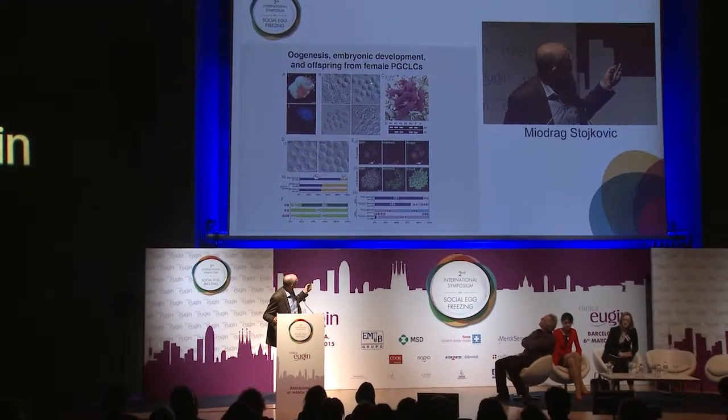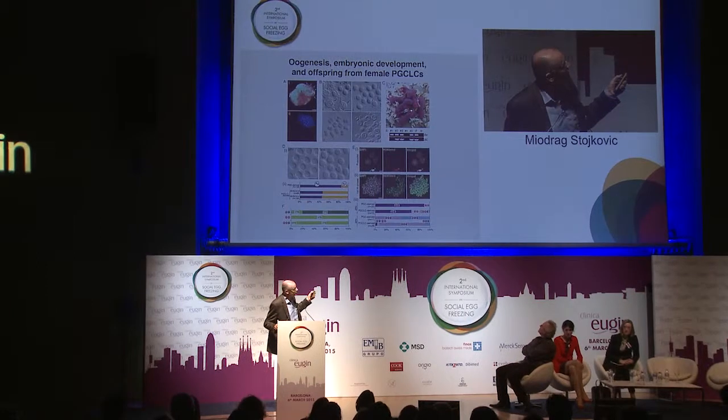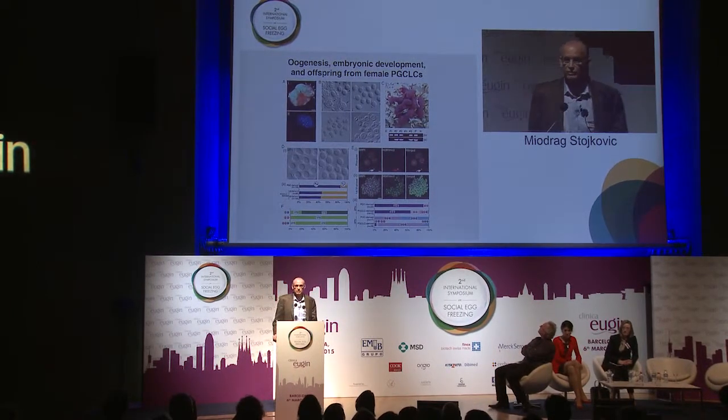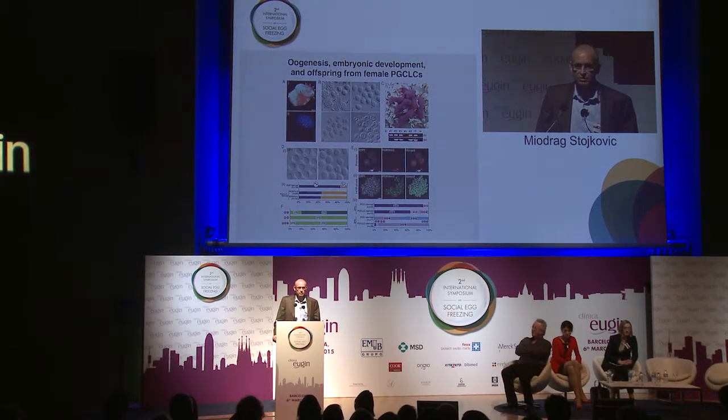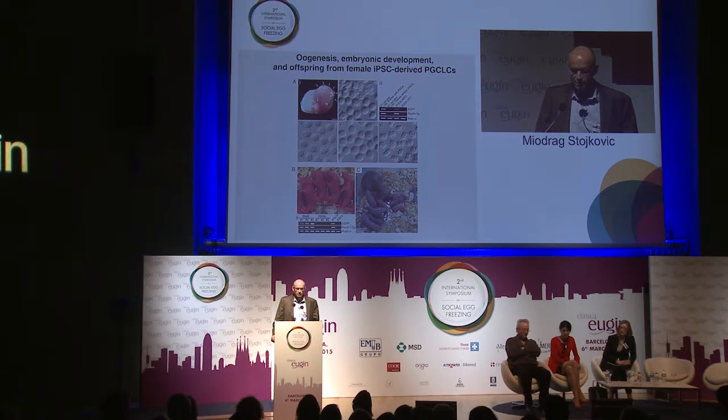So these oocytes are able to cleave after in vitro fertilization. These are nice blastocysts, and these are offspring derived from stem cells, which are used for derivation of oocytes.